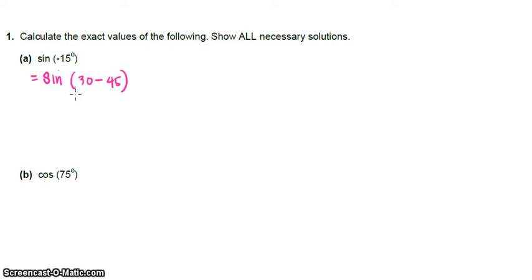Once you do that, you should be able to see that this is like a sine A minus B. And from the set of identities that we have, sine A minus B is equivalent to sine A cosine B minus cosine A sine B. In this one, A is 30 and B is 45.